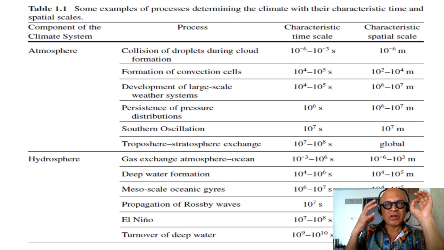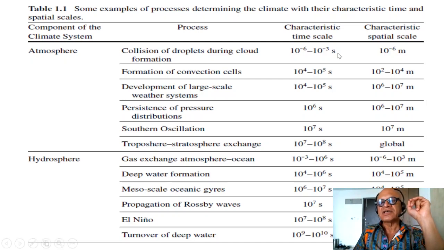So we are talking about climate at seasonal, interannual, decadal, multi-decadal time scales, and we're talking about processes at microseconds and nanoseconds, milliseconds and microseconds. Characteristic spatial scales of these cloud droplets are 10 to the minus 6 meters, or micrometers. Okay, so just imagine trying to model those.